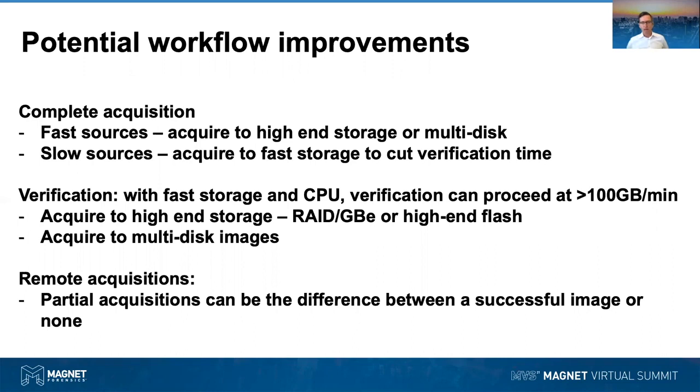So if you're dealing with an NVMe laptop, generally the bottleneck is going to be where you're storing the image to. So the approach that we came up with to scale that bottleneck was to be able to store a forensic image to multiple destinations and get the aggregate I/O throughput of those.